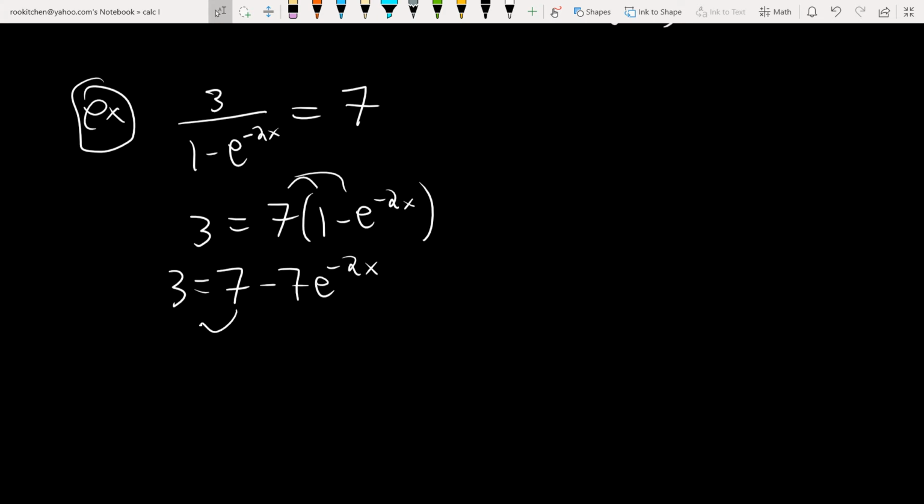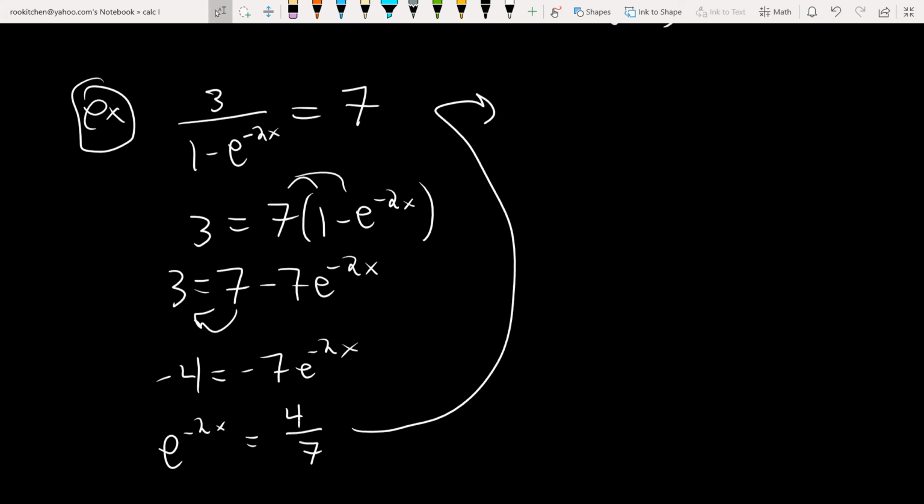I'm going to move the 7 over, so we got negative 4. Divide both sides by negative 7. Exponentiate or take logarithms on both sides. Power rule, or you could think of the ln and the exponential cancel each other. And then divide both sides by negative 2.